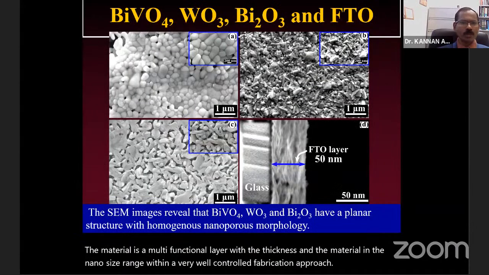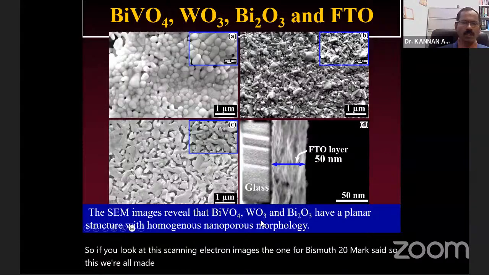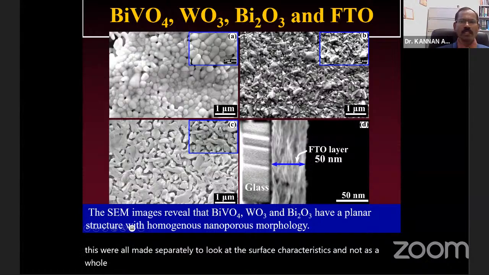If you look at these scanning electron images, the one for bismuth vanadium oxide, these were all made separately to look at the surface characteristics, not as a whole. So bismuth vanadium oxide, tungsten oxide, bismuth oxide, and this is the FTO layer thickness.